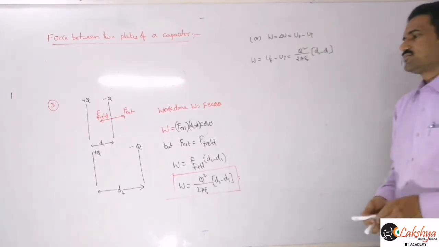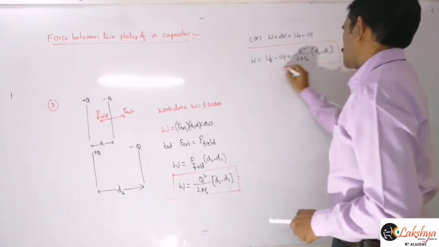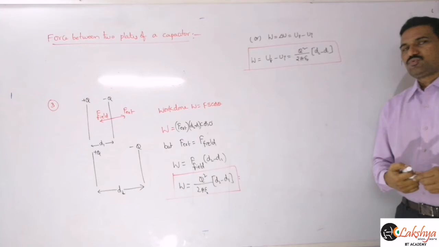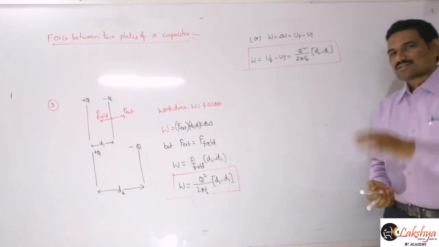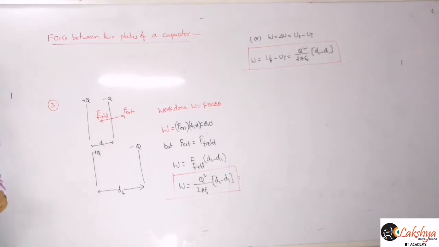Whether we write the change in potential energy or use the force into displacement method, this is only valid when the capacitor is isolated, that is, when the charge on the capacitor remains constant.